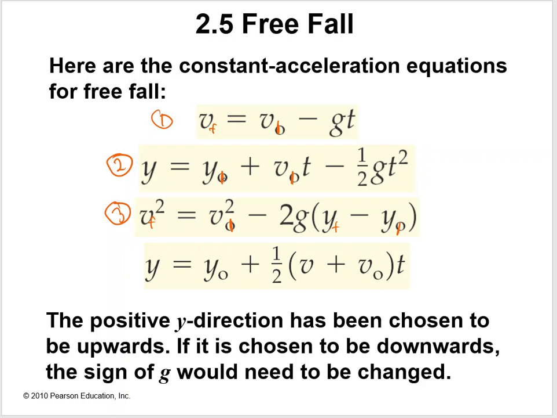They want me to find Yi. I know the initial velocity. Time, there's the problem. I don't know time. I don't have any times. So I can't use equation 2. Vf is 55. Vi is 5. I know gravity. I know the final height is 0. Here's my variable I do not know. So equation 3 happens to be the one I'm choosing here again.